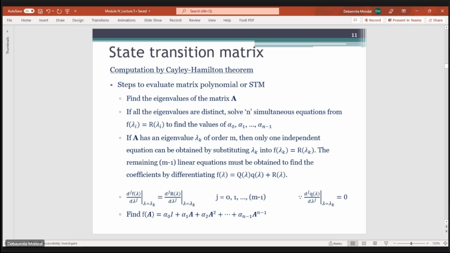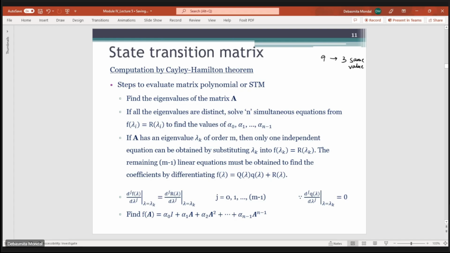Okay, so now what would happen if the eigenvalues are not distinct? Let's say out of 9 eigenvalues, 3 of the eigenvalues have the same value. That means you will no longer have n simultaneous equations, so you will no longer have 9 different simultaneous equations. So let's say out of 9 eigenvalues, 3 have the same value.